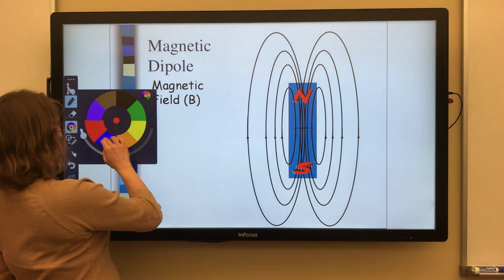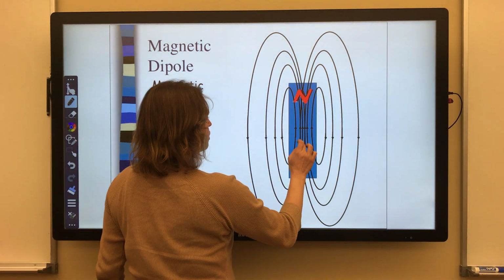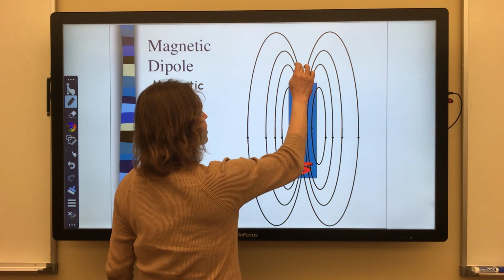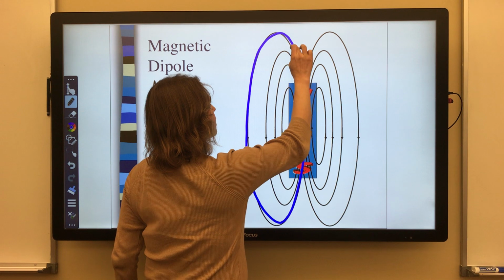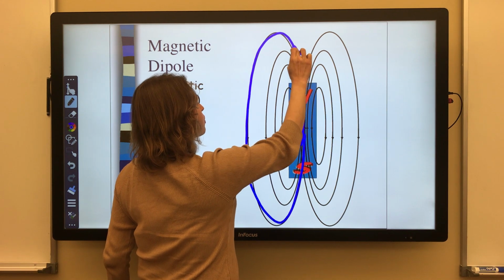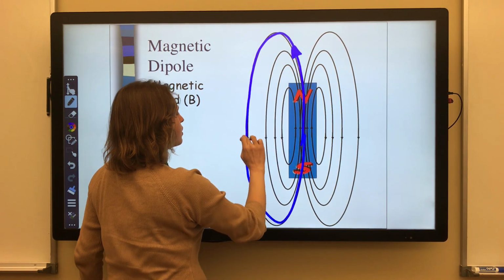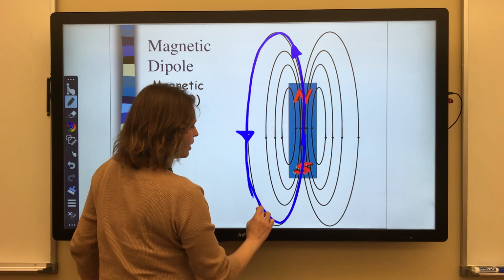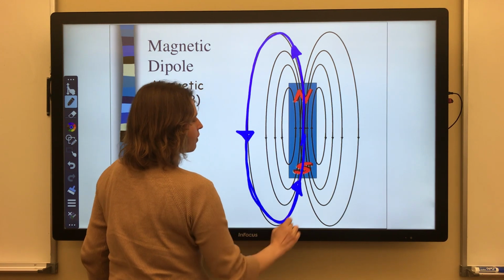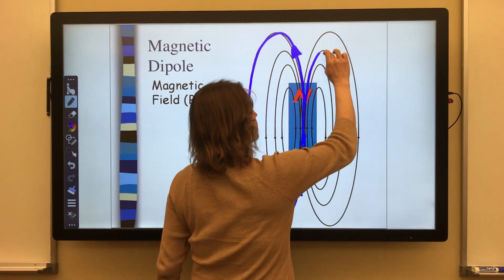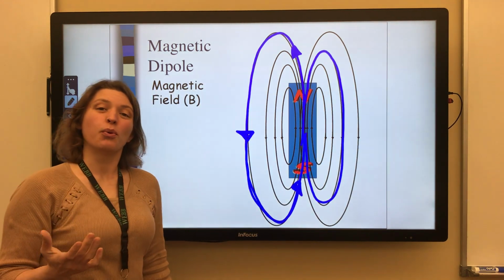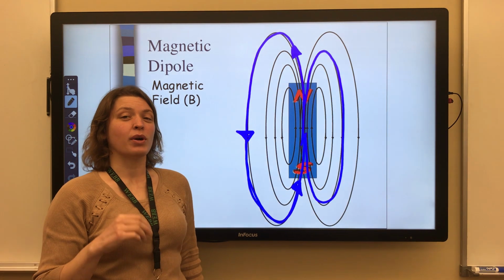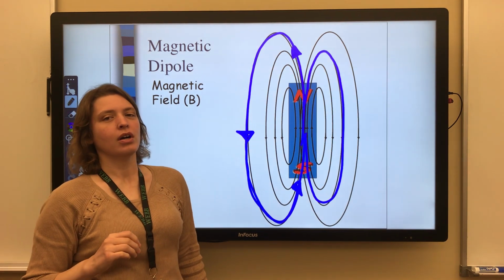Our magnetic field lines always form continuous loops. I'm going to draw some loops here. The magnetic field emanates outward from the north end, loops back around, and comes back inward at the south end of our bar magnet. This is what these loops look like. These magnetic field loops are going to be important in helping us understand what the magnetic forces are on an object.